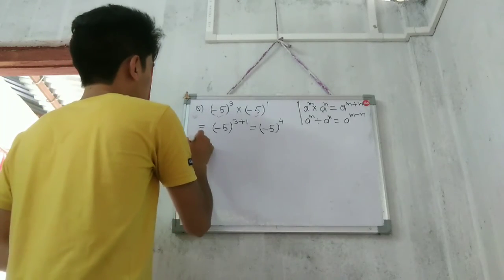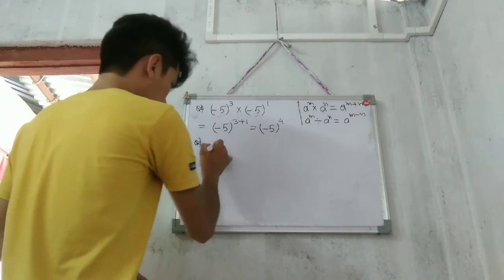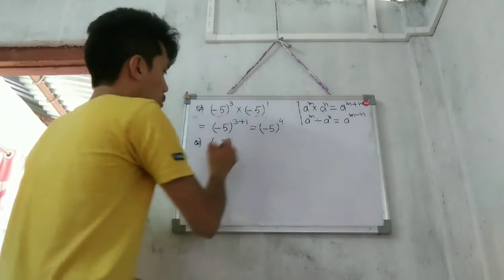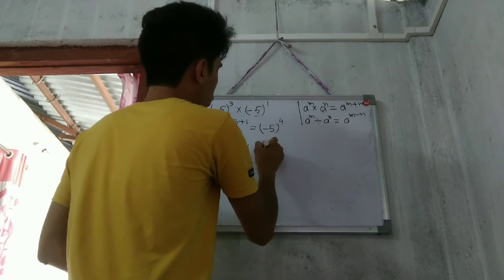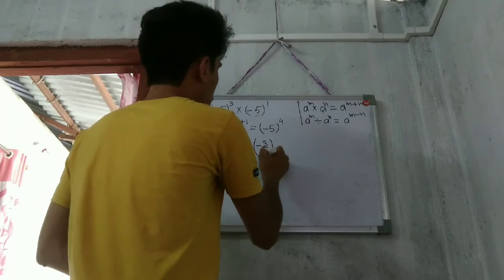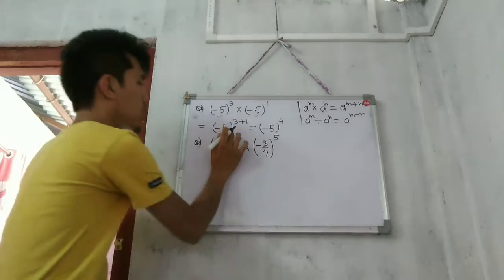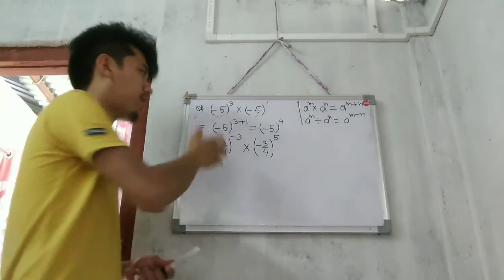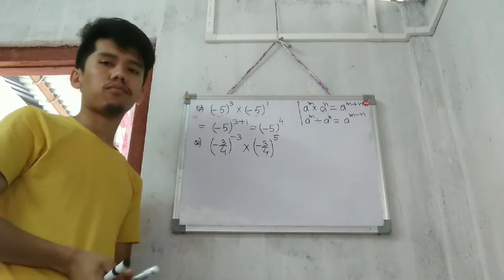This is example 1 and this is example 2. See the example: minus 3 by 4 whole to the power minus 3 into minus 3 by 4 whole to the power 5.